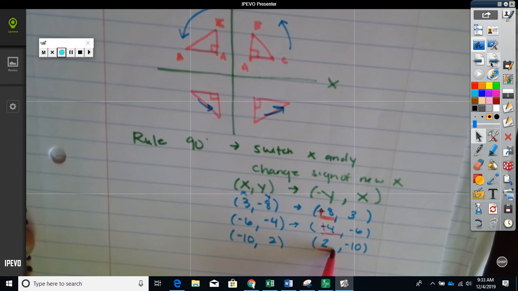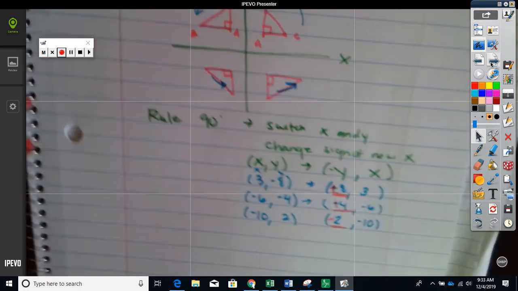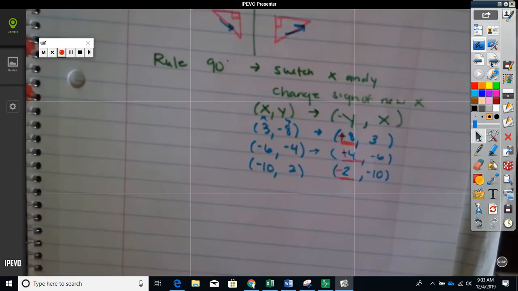The new x, yep. And so this would become what, Emily? It's positive right now, so it would become, yeah. That's what you're doing for 90 degrees. That's the rule for 90 degrees.